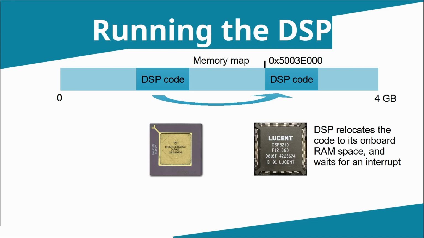That, of course, necessitates writing position-independent code because we're moving from one place to another. And then what I typically do, once that relocation is done and we're operating out of onboard RAM, is simply for the DSP to sit there and wait for an interrupt, allowing our CPU to set up the rest of the program and the initial data that we're wanting the DSP to act on.